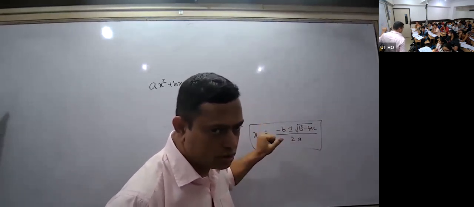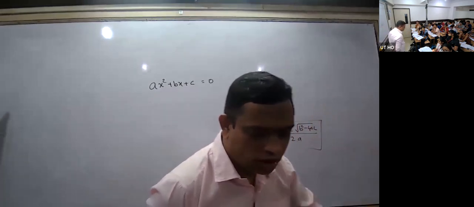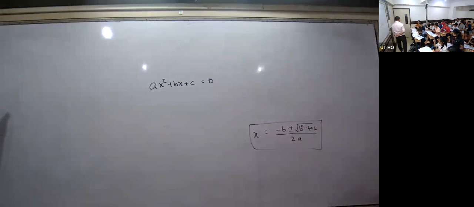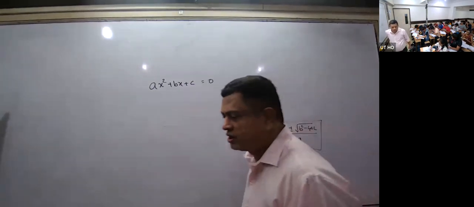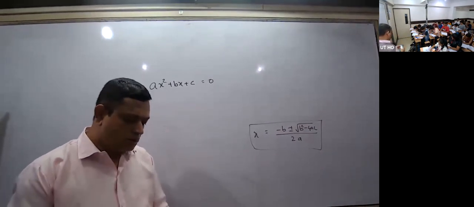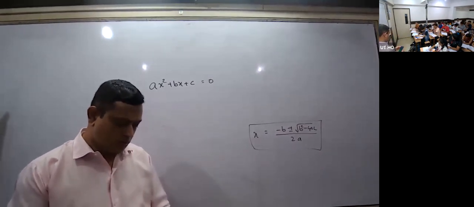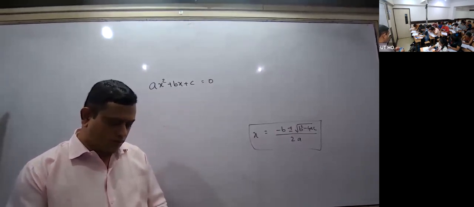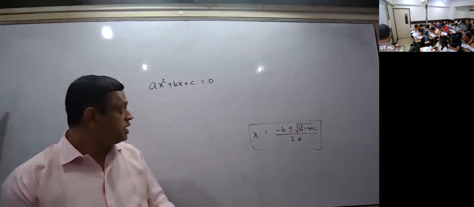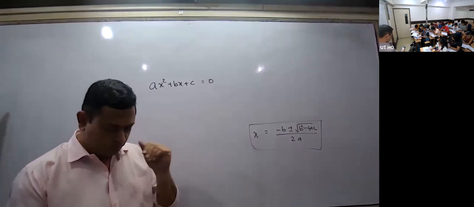Okay, understood? So, heading, quadratic formula. Consider the equation ax square plus bx plus c equal to 0.